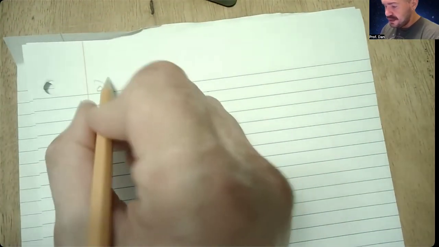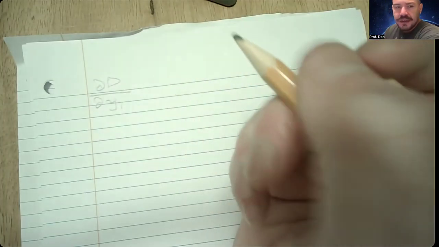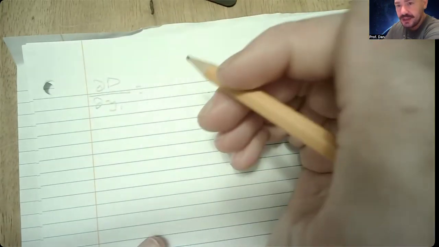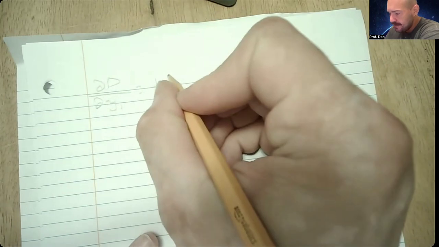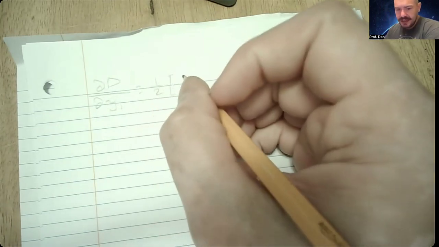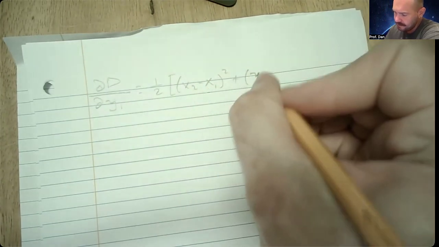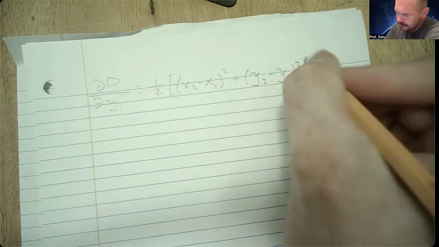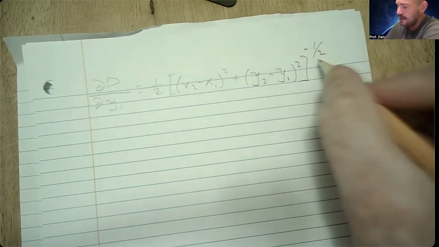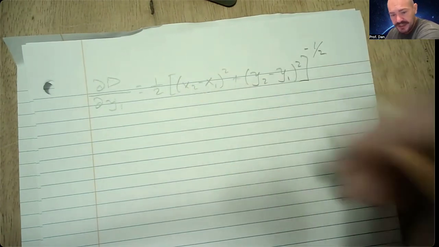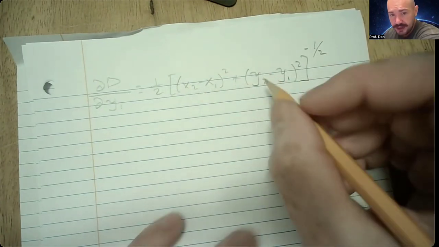All right, we've got partial of our distance with respect to y1. So for this one, again, it's going to take a similar form. 1/2, keep the inside the same. Take one away from the power and multiply by the derivative of the inside. But this time, y1 is the only variable that matters.